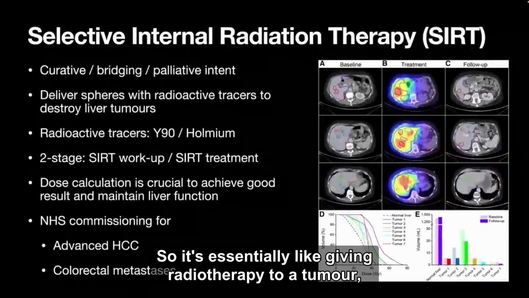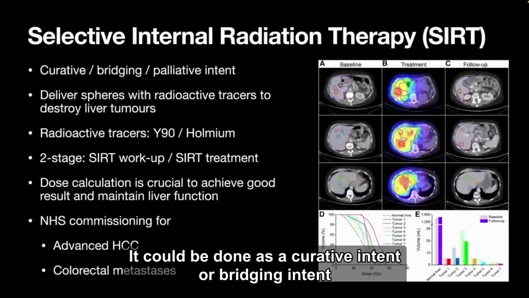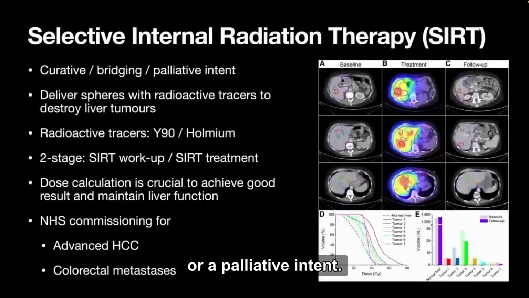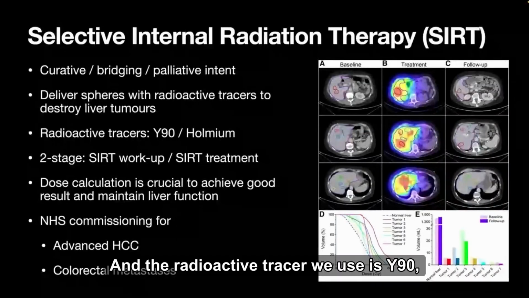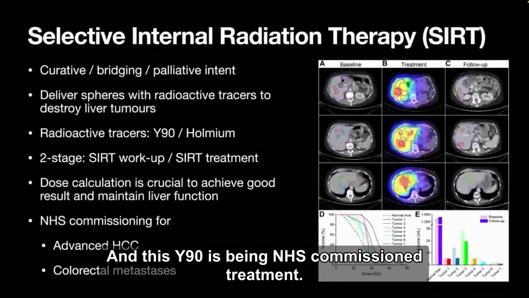So it's essentially like giving radiotherapy to a tumor, but through the transarterial route. It could be done as a curative intent, bridging intent or a palliative intent. The radioactive tracer we use is Y90, which is the most common one, and more recently, holmium. And Y90 is an NHS commissioned treatment.